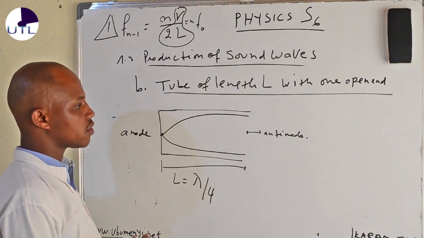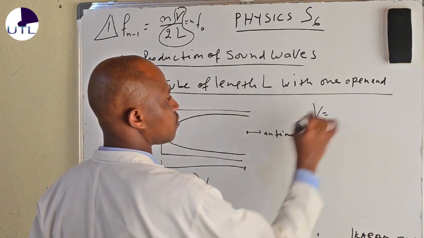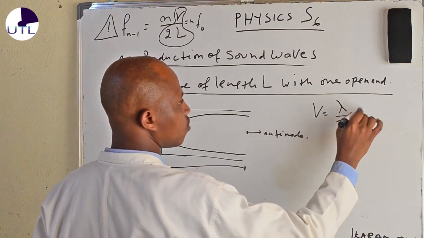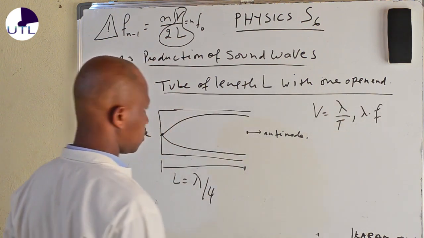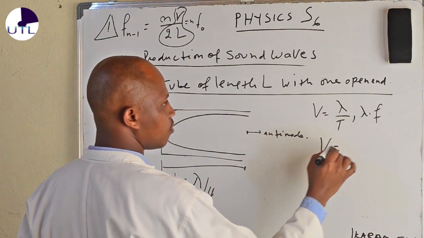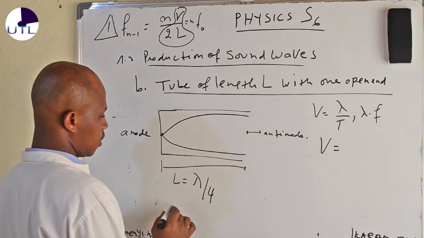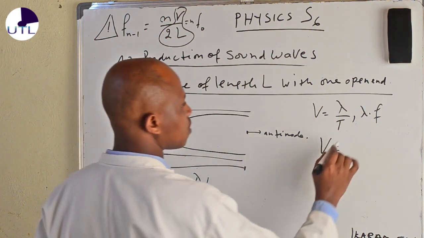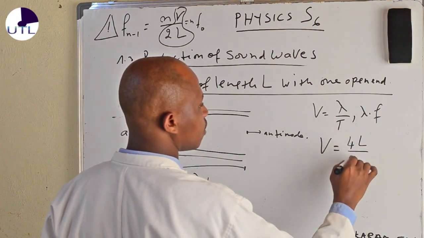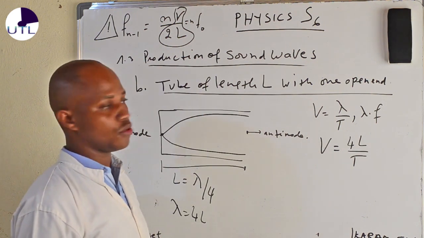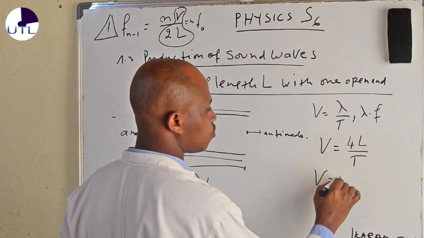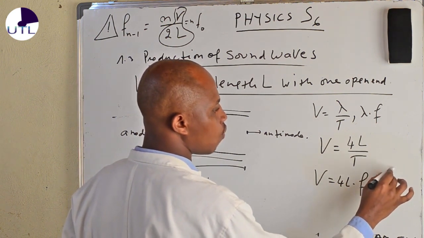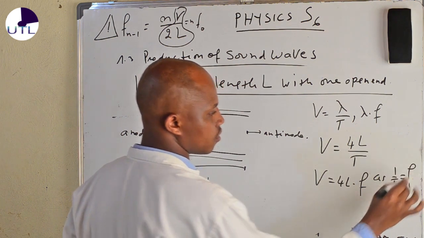The speed is equal to wavelength divided by the period, or wavelength times the frequency. The wavelength here is 4 times the length, so the speed is 4 times the length divided by the period. Don't you see that the speed is equal to 4L times the frequency, as 1 over the period is equal to the frequency.